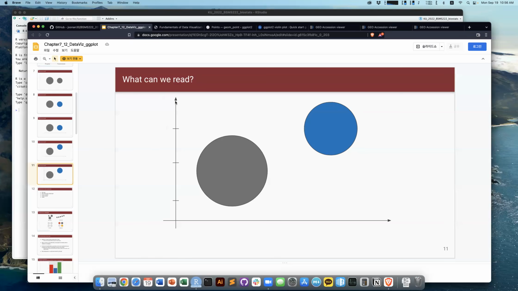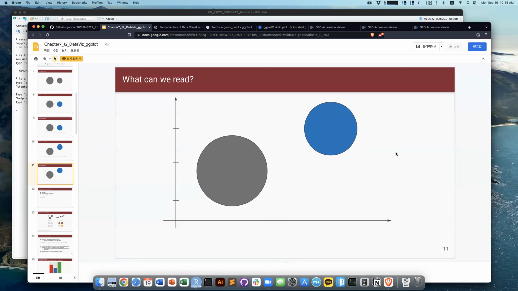So, without thinking about the whole story, you just look at this graph. This is such a simple graph you see many times during your life. But this graph contains so many components and so many layers, you can describe many different information.